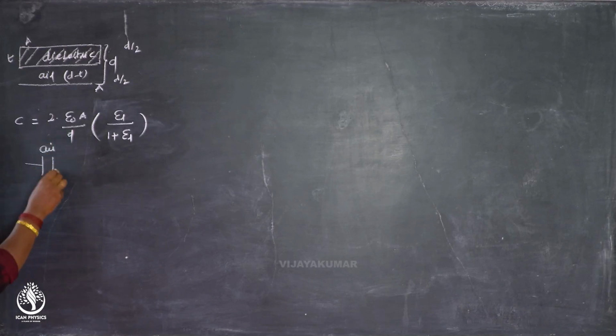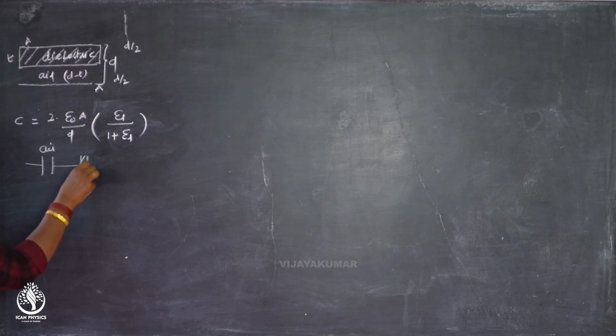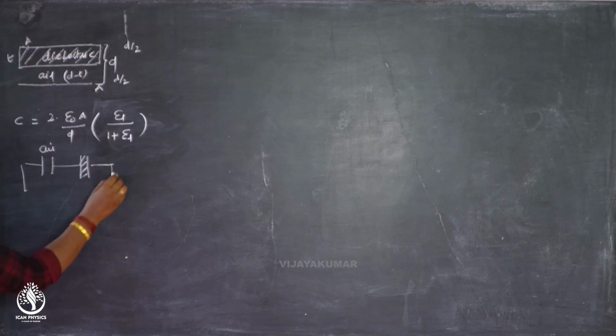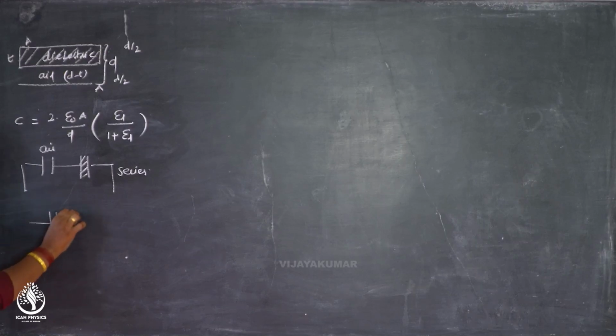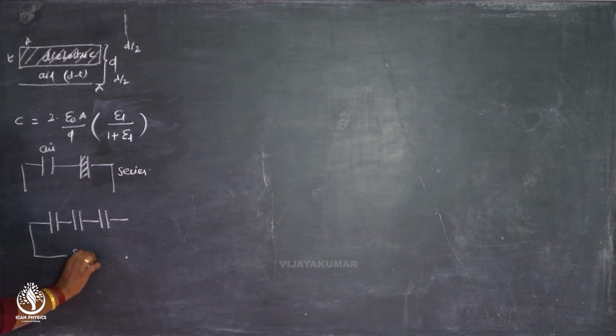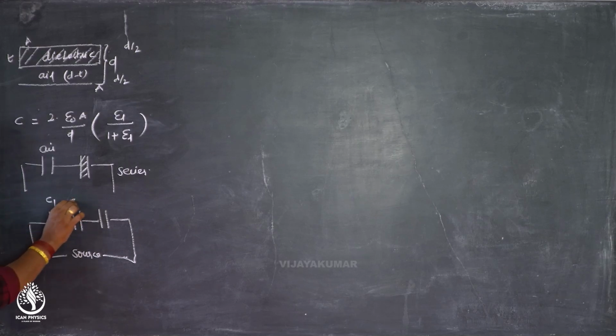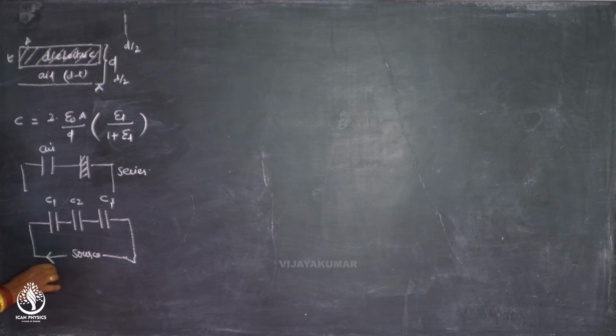Now when the dielectric is half filled like this, the capacitance is in air, and now with the dielectric, it is connected in series. When the capacitors are connected in series with the source, the capacitance of the capacitors is C1, C2 and C3. From the source, the charge is flowing, so the charge will be the same.